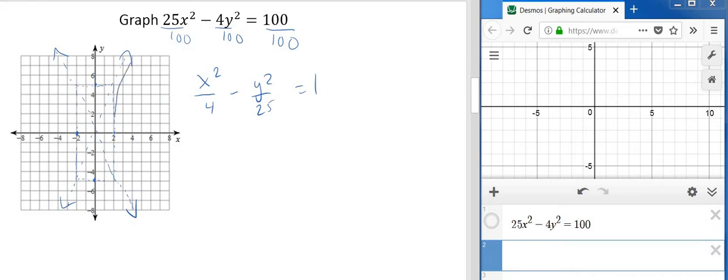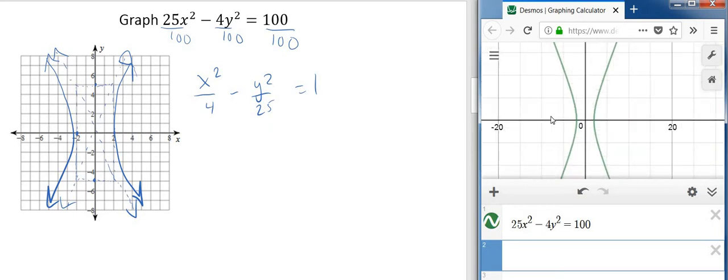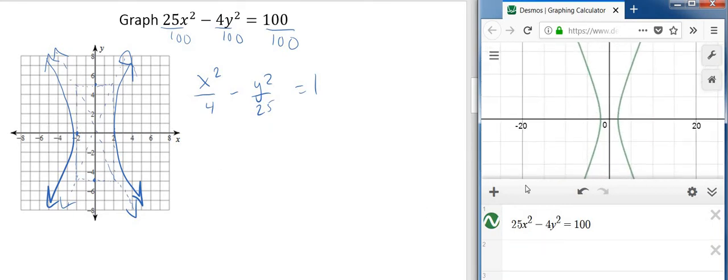So I come in, hug these asymptotes, go through the vertex there, and sketch in my hyperbola. You don't need to worry about c or anything. We could find it, but you don't need it to sketch it in. Let me show you over here. I've already typed it in. Look, that looks basically like what we drew. It doesn't show the asymptotes, but that's how you make a sketch.